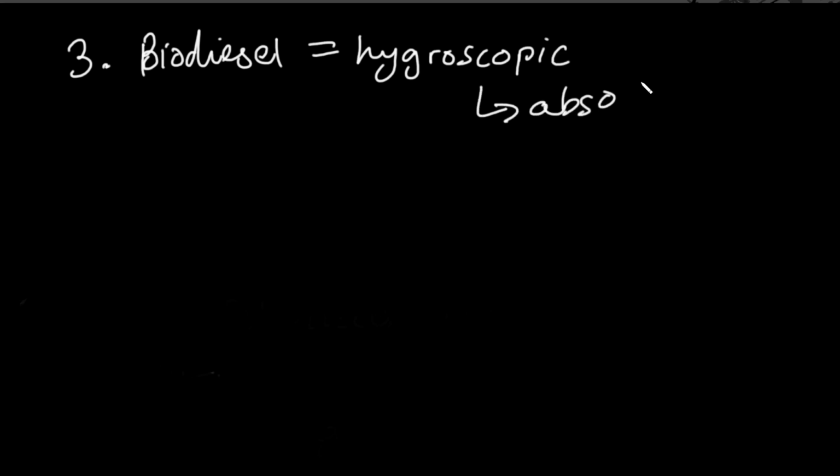So if you exposed an example of biodiesel to the atmosphere, it would absorb a lot of that water in the atmosphere, and especially in cold or humid conditions where there's water in the atmosphere, or there's water around as ice or frost and things like that. It's going to absorb a lot of that. And so the final point I want to say is the combo of this hygroscopicity and the high viscosity means that biodiesel has a high cloud point.